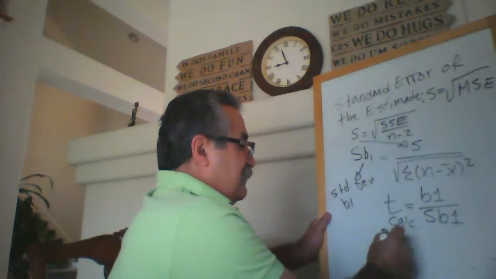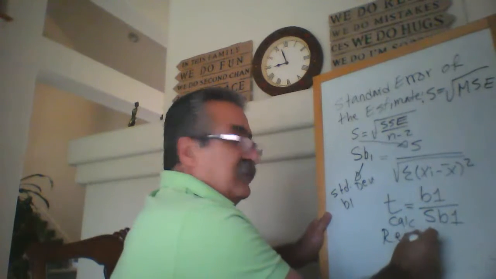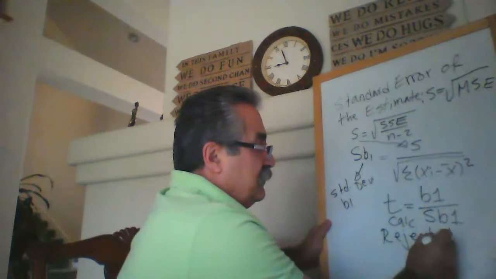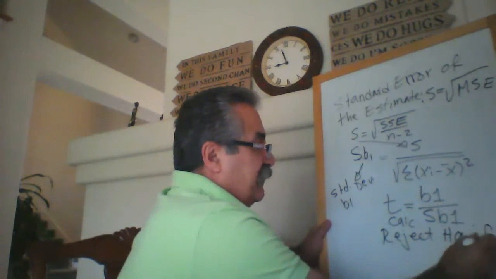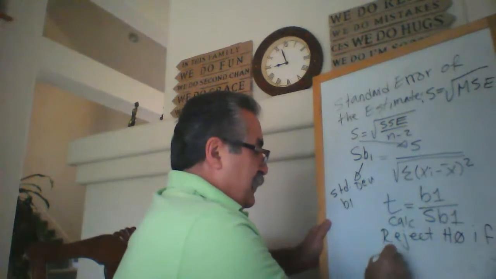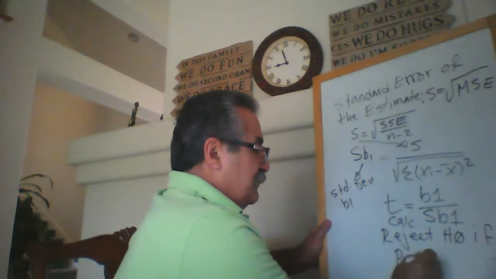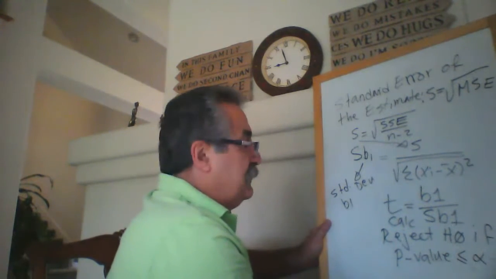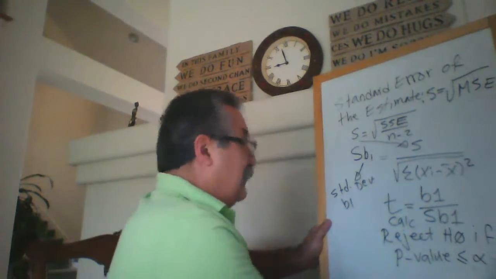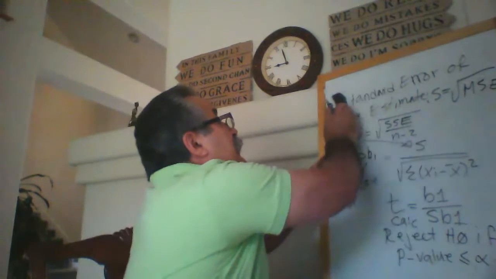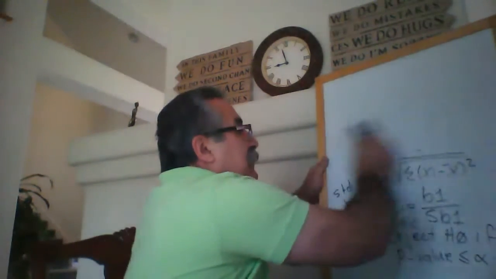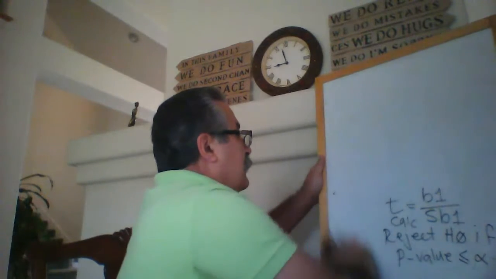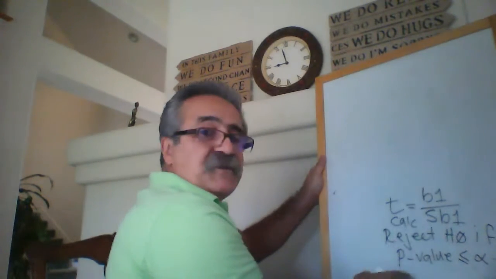So reject H0 if p-value is less than or equal to alpha. I'm going to continue up here. So this is the p-value approach.